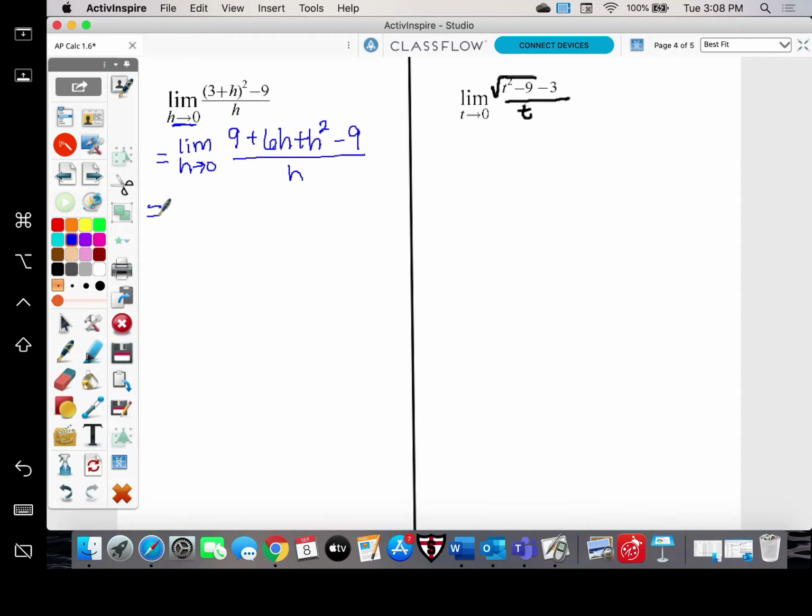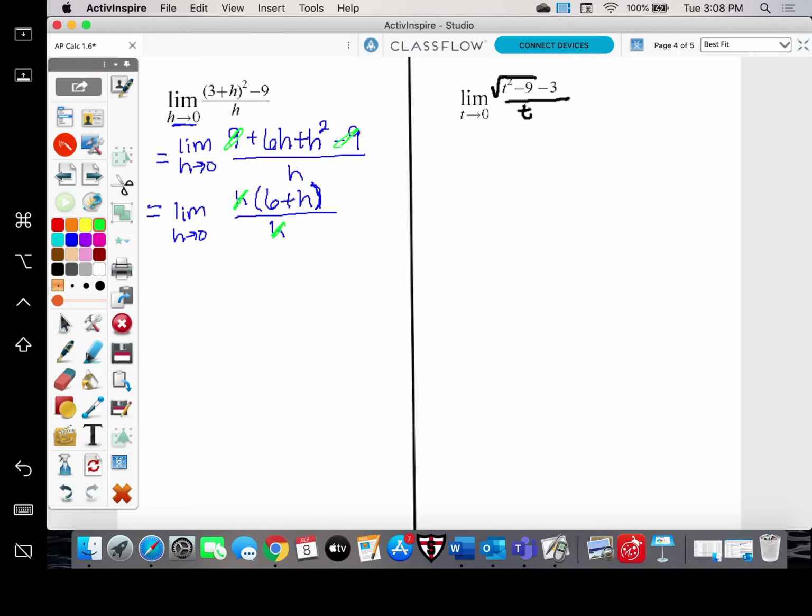So this is like one of those simplify things. We're just simplifying things, finding out what cancels out. We get a 9 and 9 that cancel. And then notice all of our terms left in the numerator have a common h. So we're going to factor out an h from the top. So it looks like h times the quantity 6 plus h over h.